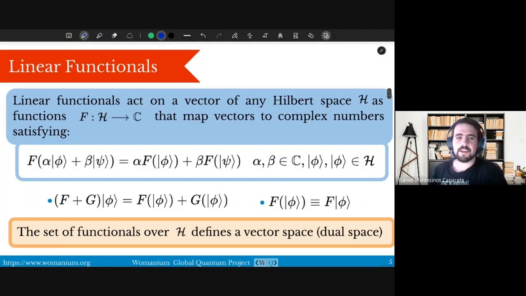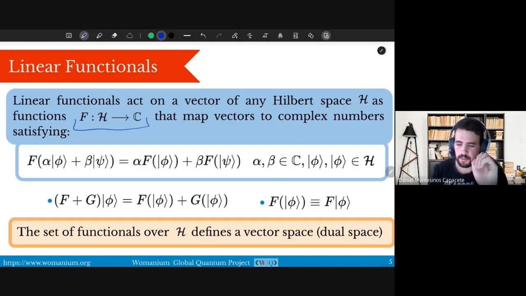So, linear functionals. This is not so fundamental, but in order to deeply understand the bracket notation, it's important to know what a linear functional is. So I'm just going to define it here quickly. A linear functional is just a function, right?